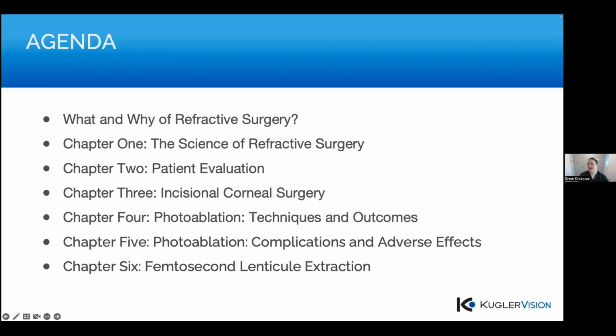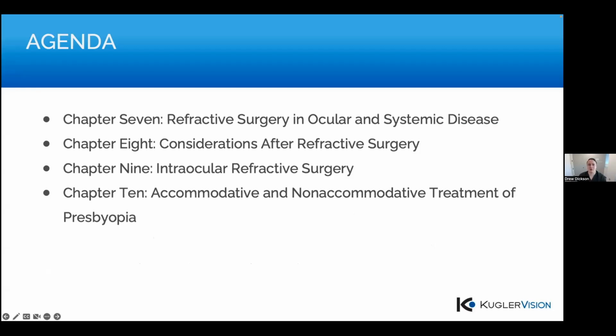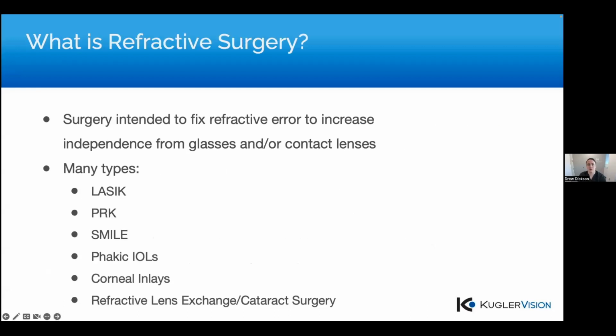So our agenda today will first talk about what is refractive surgery and why perform or go into refractive surgery, and then go through each of the subsequent book chapters and talk through some of the highlights from each of those chapters. So refractive surgery is surgery that's intended to fix people's focus and increase their independence from needing glasses or contact lenses to fix their vision.